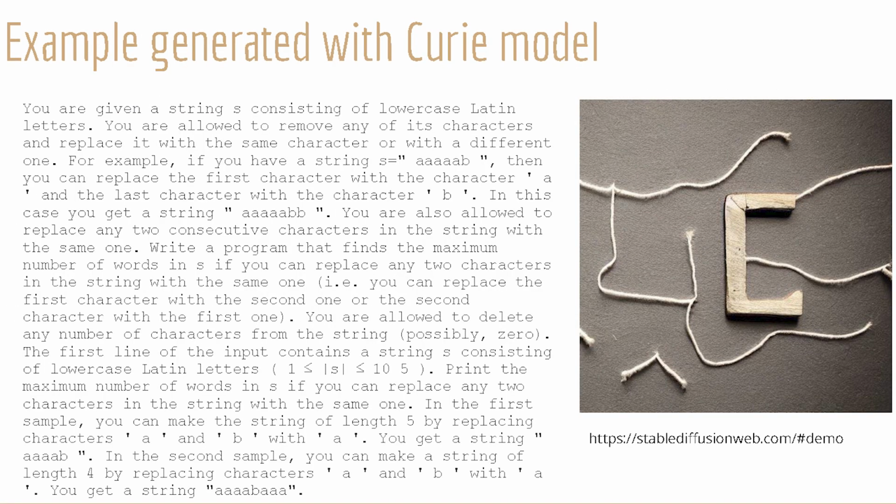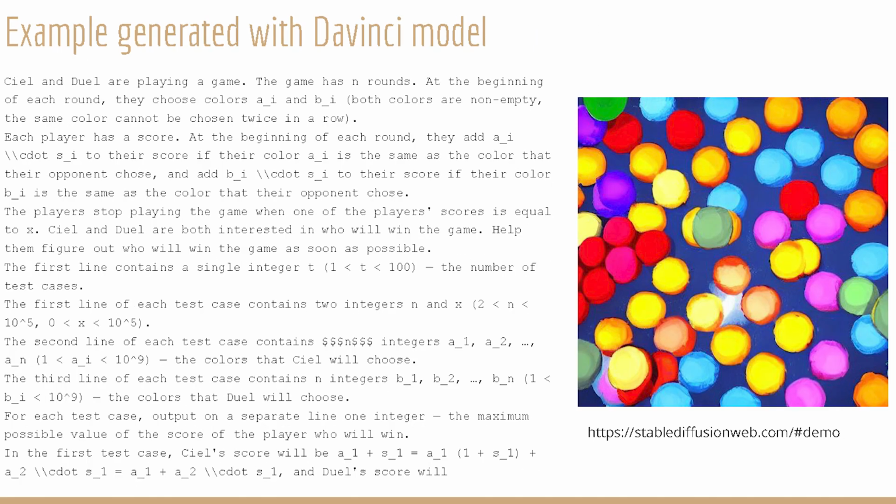So this is an example of the output of the Curie model having a problem about some strings where we need to do some character replacements based on a few rules, and we need to know the number of strings at the end. And this is another example for a title about some game where they need to play a game having each two colors, and we need to know which player wins based on some rules.